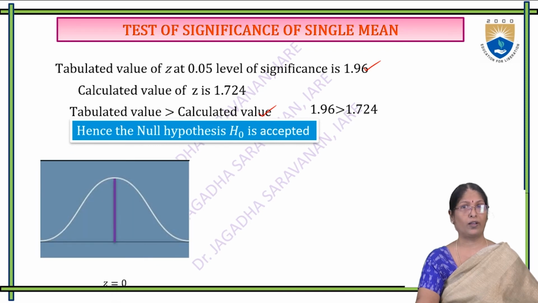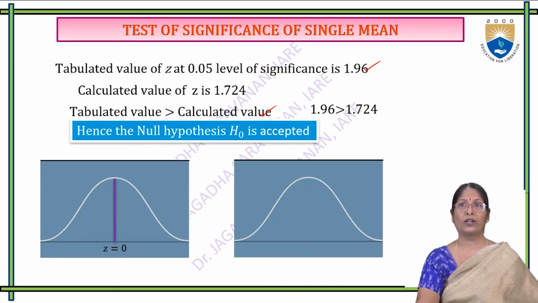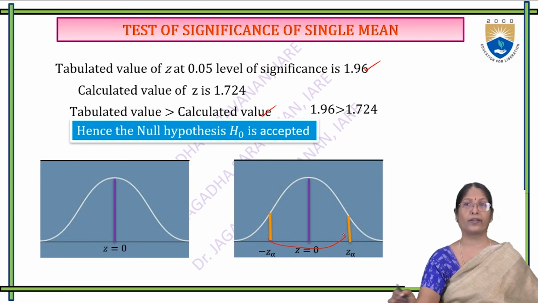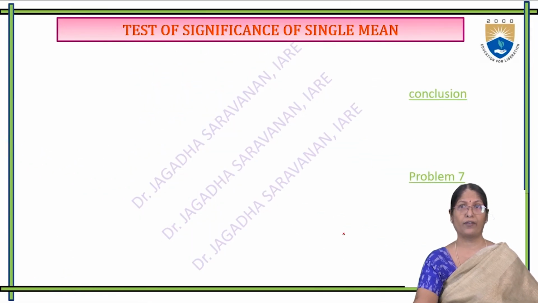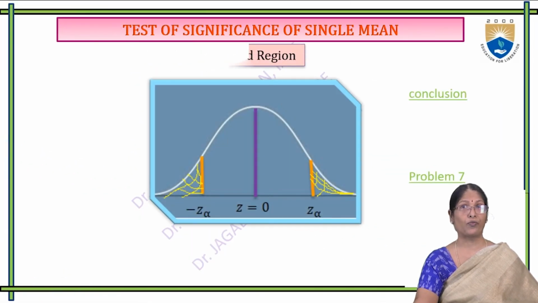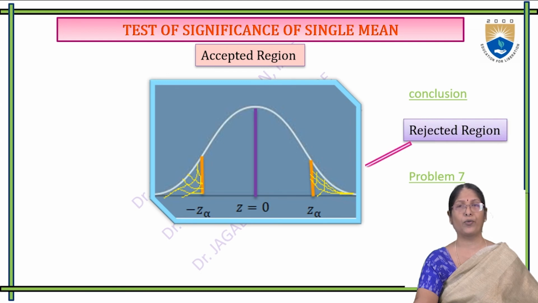So our normal curve, the bell-shaped curve, is ready, and the two-tailed graphical representation is also ready. The accepted region is minus 1.96 to 1.96. This is the accepted region, and the final output of this problem is the accepted and rejected regions.